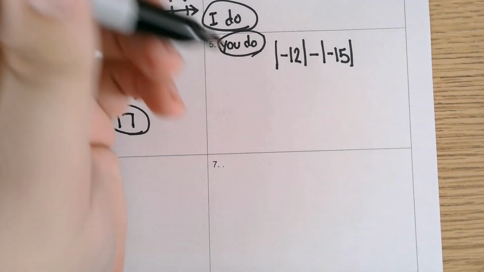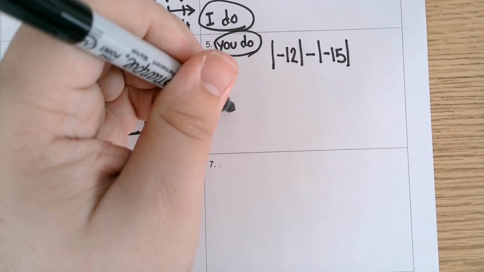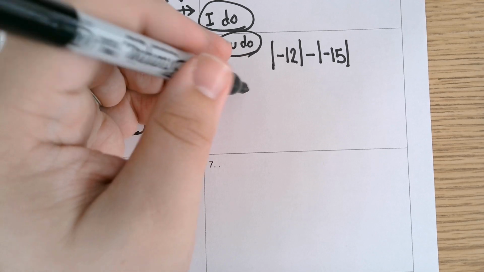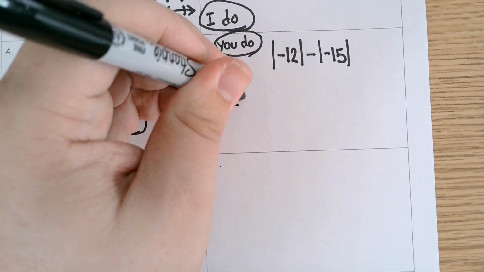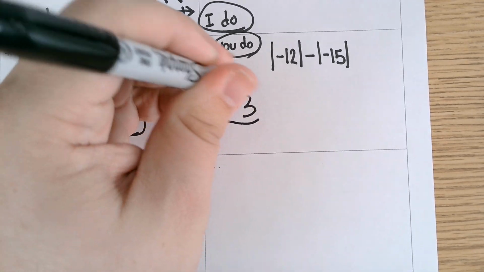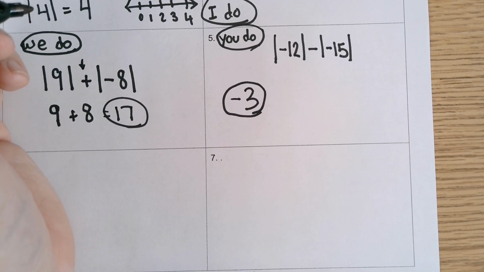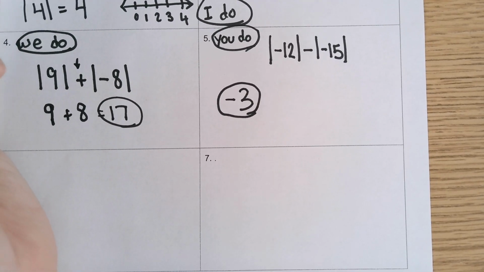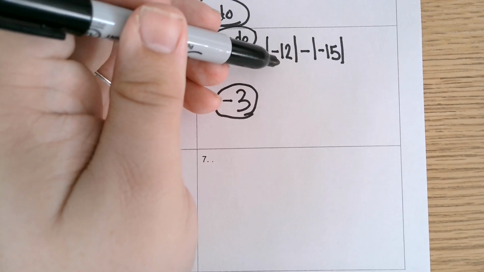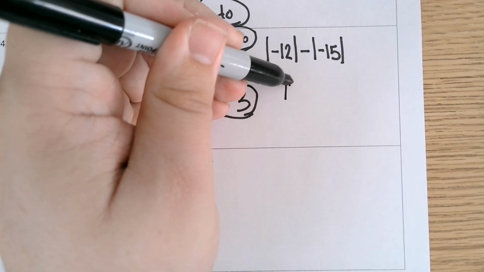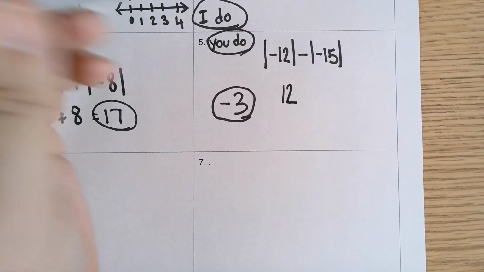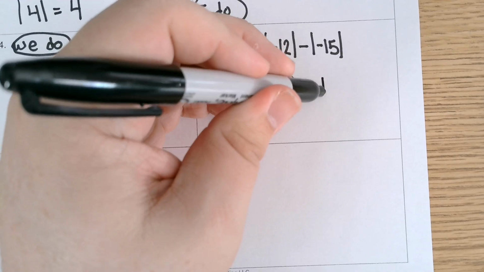All right, I'm going to assume now that you are back. If you did this, your answer would be negative 3. That would be your answer. How, you might ask? The absolute value of negative 12 would be 12. The absolute value of negative 15 would be 15.